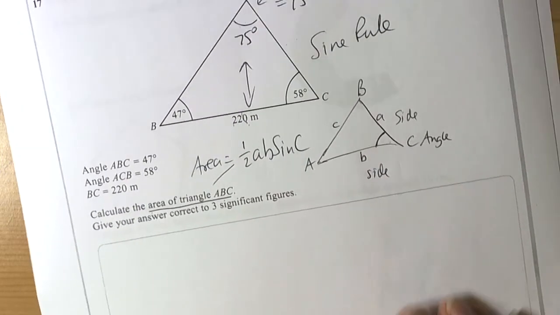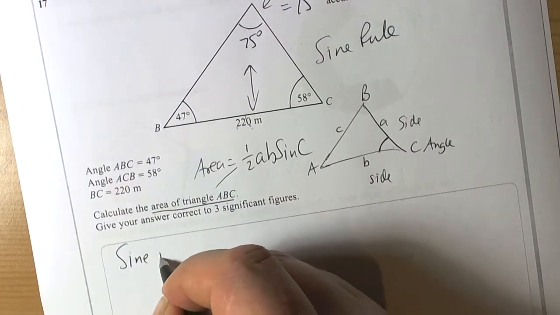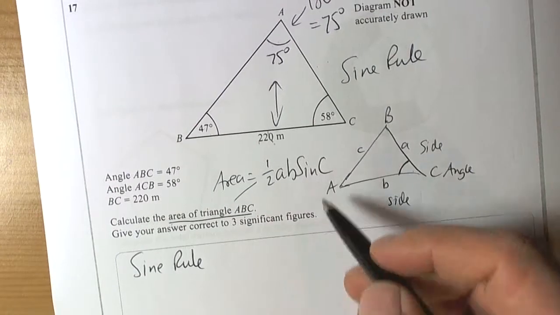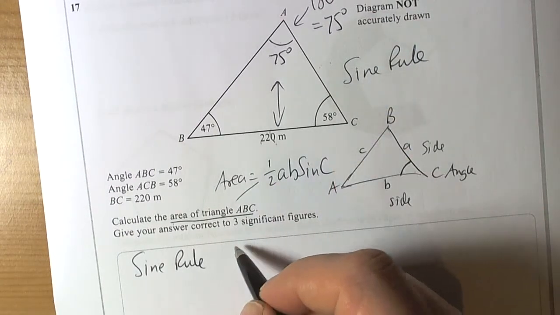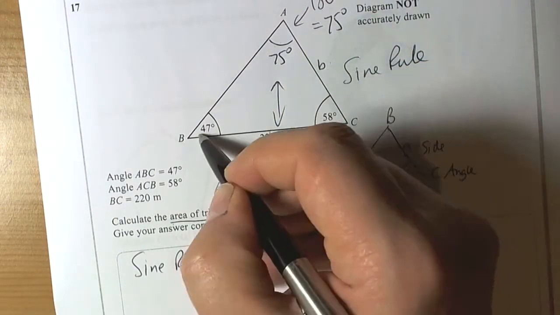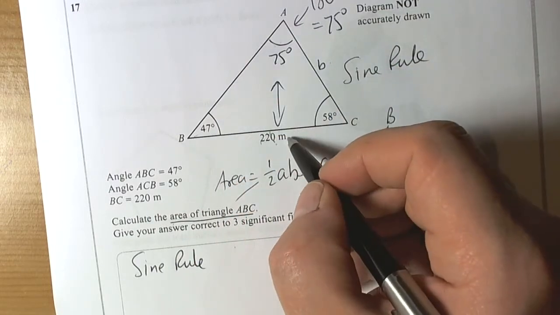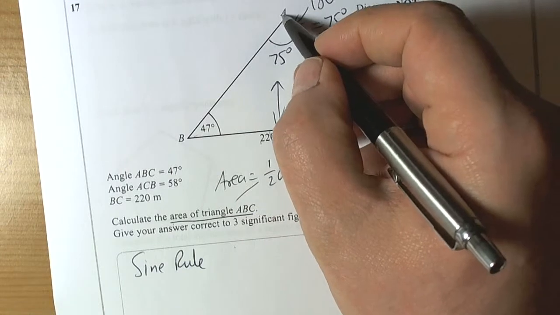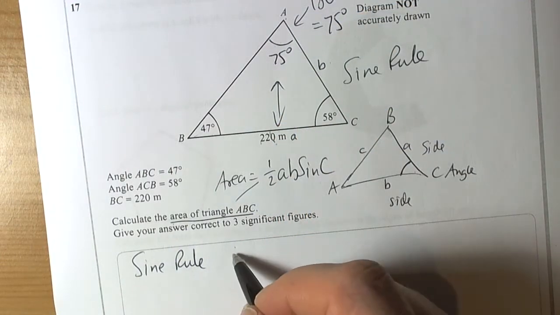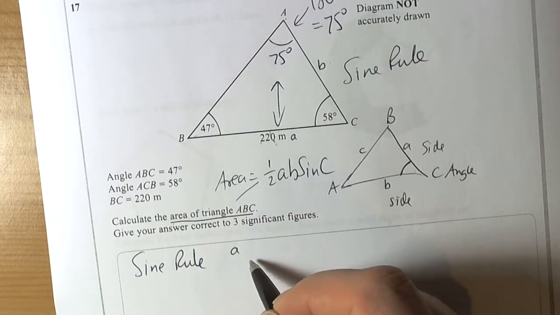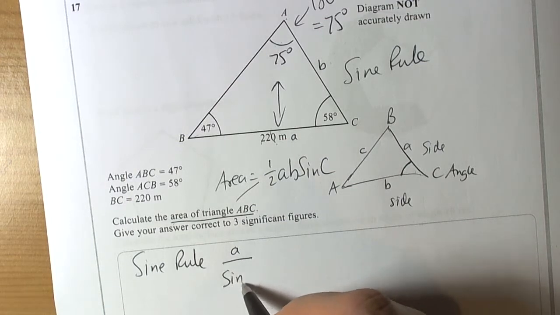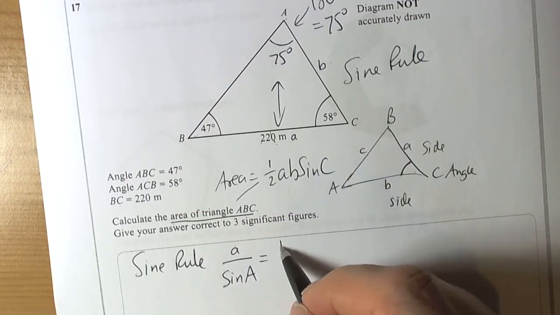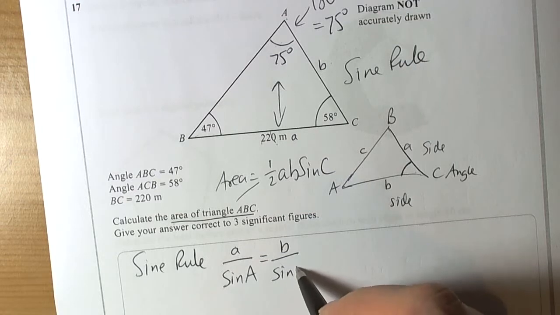Again, we look at the front of the exam paper and we can see that the sine rule says that when we want to work out a length, this is the length of little b because it's opposite that angle. This is the length of little a because it's opposite the angle of capital A. Therefore, the sine rule parts that I'm going to need are little a over the sine of big A is equal to little b over the sine of big B.